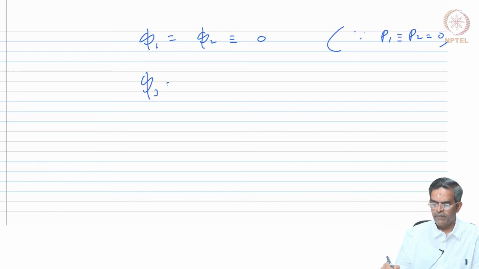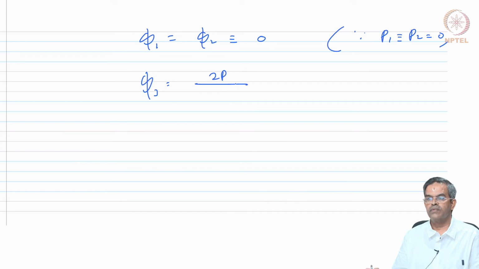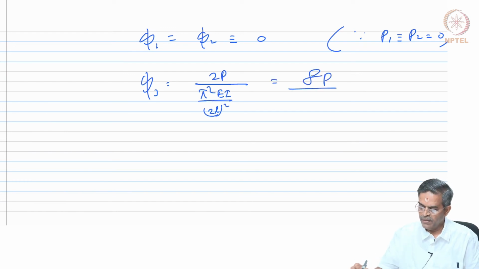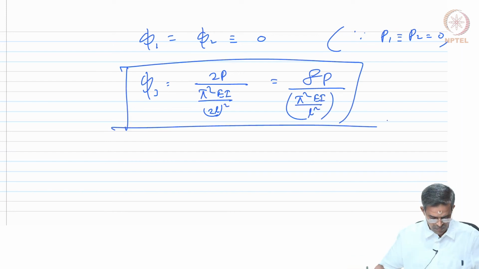So, let us say phi 3 is 2P times of pi square EI by 2L the whole square, which will be 8P by pi square EI by L square. Let us keep this information with us to compute my critical load.